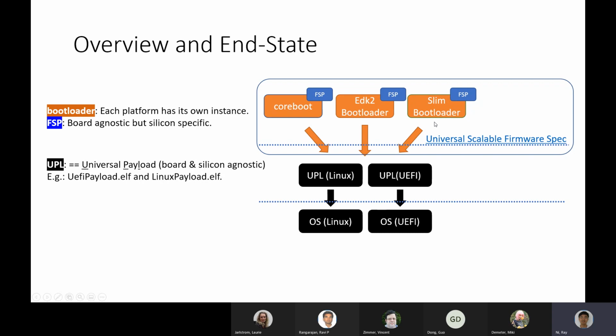And our vision is that every bootloader will prepare the data defined by the universal scalable firmware spec, and those data will be consumed by the universal payload, either the Linux one or the UEFI one, and each payload can boot to the OS. For example, the Linux payload can boot to Linux OS through the Linux boot related protocol, and the UEFI universal payload will boot to any UEFI OS, actually including Windows and Linux.